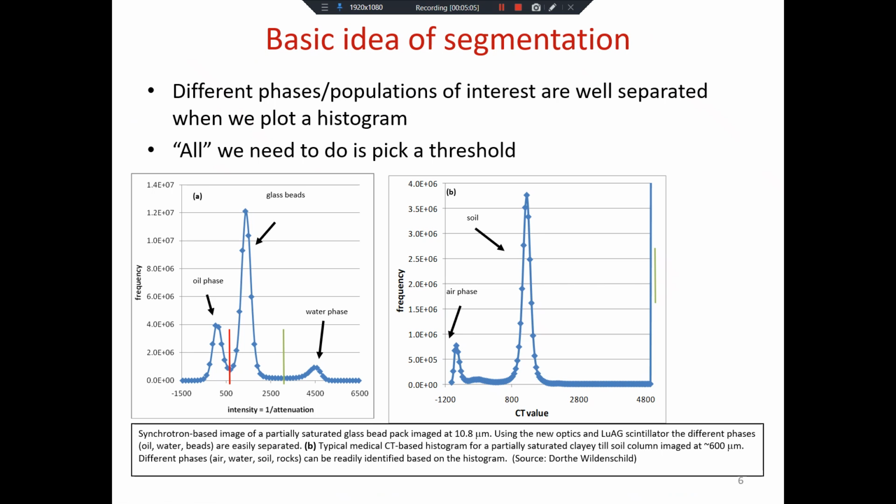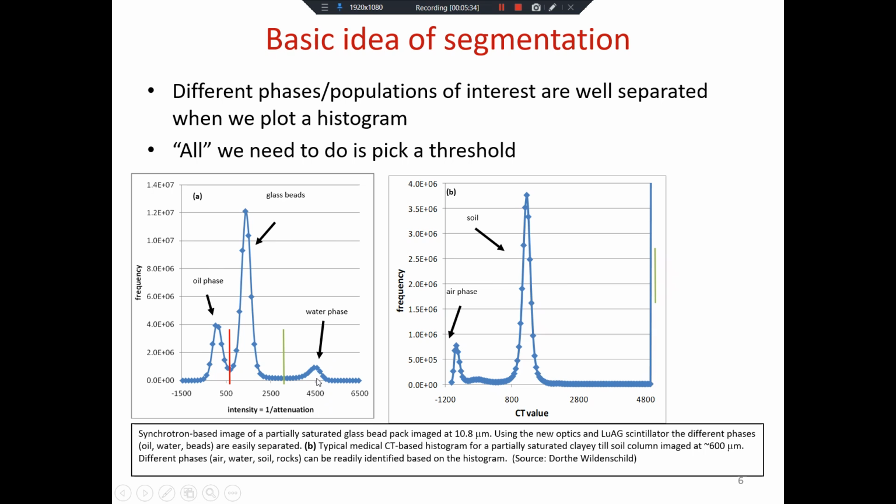So the basic idea is that if I have an image that is good enough and I can see all of the phases that I have interest in, then once I do the histogram and statistics on this image, these different phases will show up as distinct peaks in this histogram. Okay? Now, sometimes you can distinguish things really well.